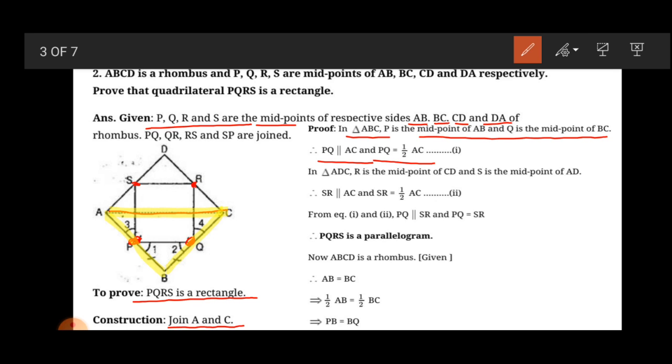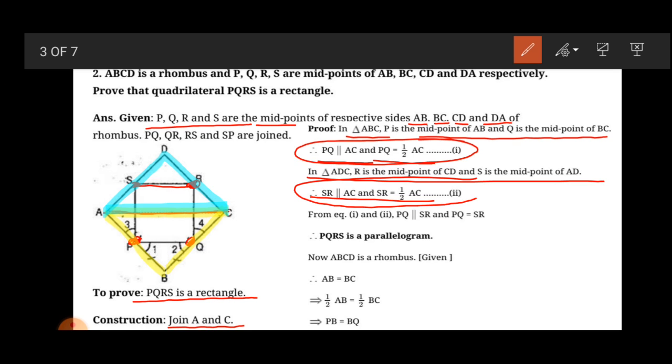And in triangle ADC, S is the midpoint of AD and R is the midpoint of DC. So SR is parallel to AC and SR is equal to half of AC. From equation 1 and equation 2, we can conclude that PQ is equal to SR and PQ is parallel to SR. So PQRS is a parallelogram.